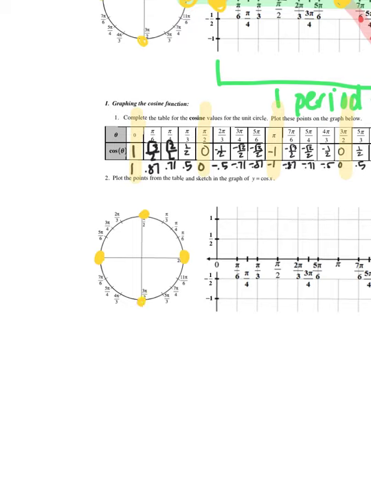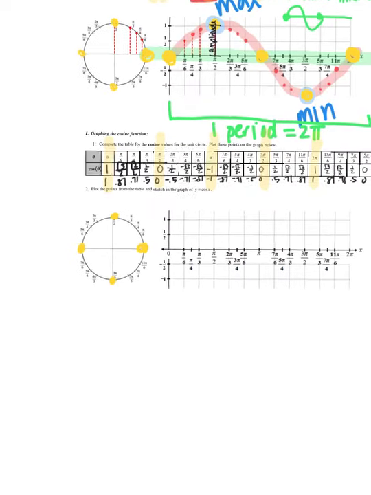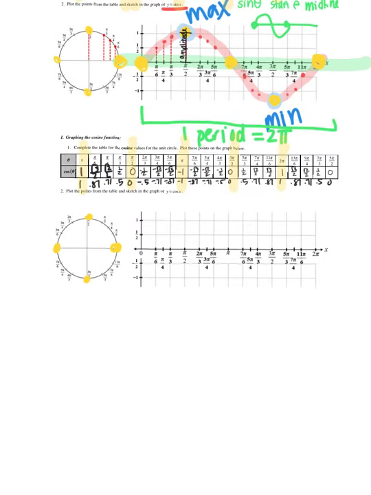But because we've never graphed cosine before and we're not quite sure what it will look like, just for this one time, we're going to plot every single point from our table, just like we did for sine.